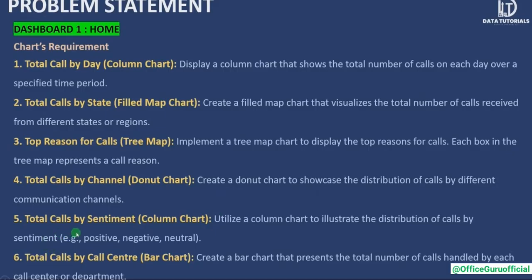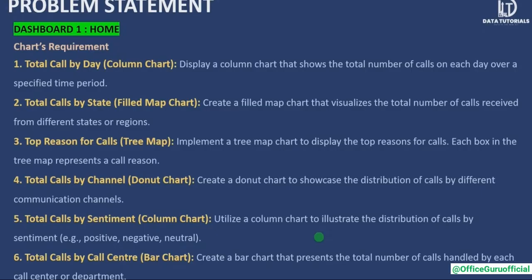Then the total calls by sentiment. Sentiment is whether we received positive, negative or neutral feedback on that particular call, or what was the outcome of that call. So whether that particular customer was satisfied or not.